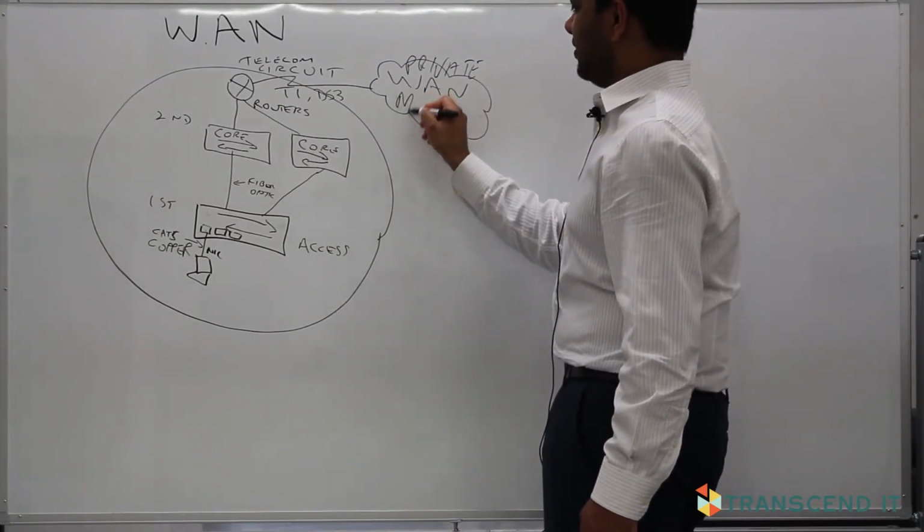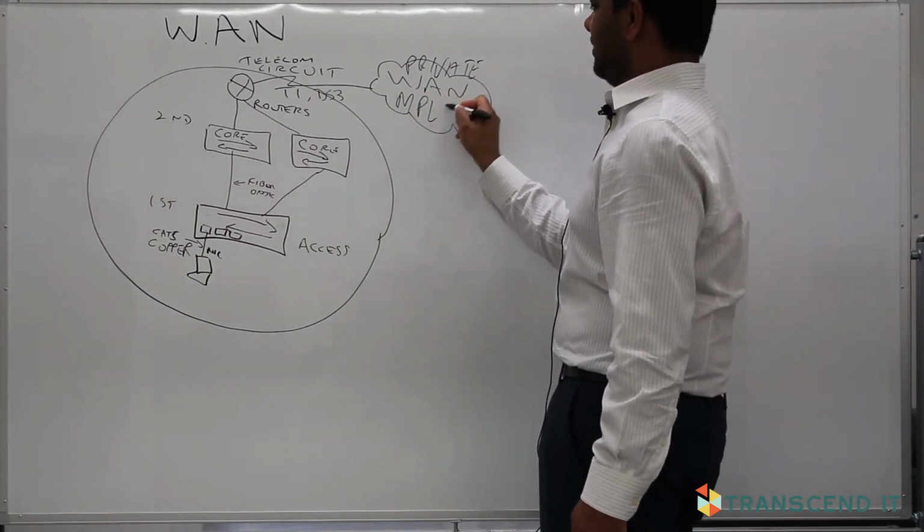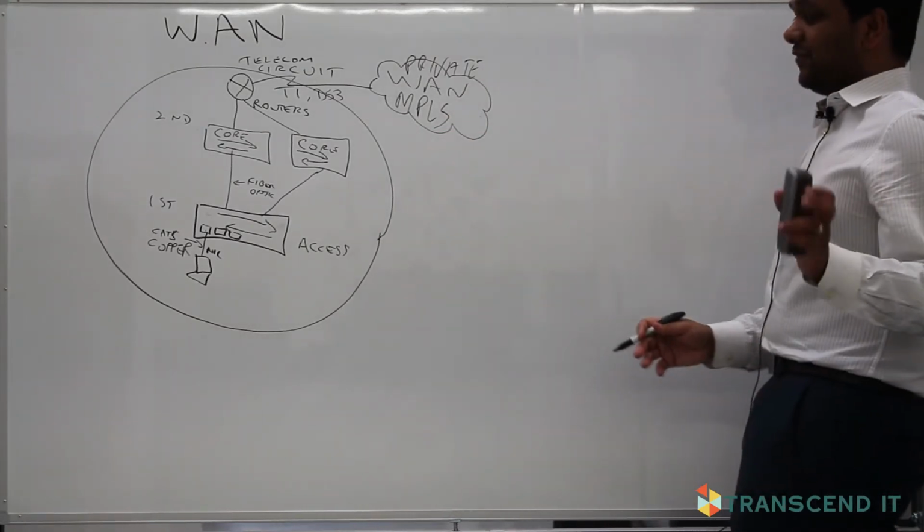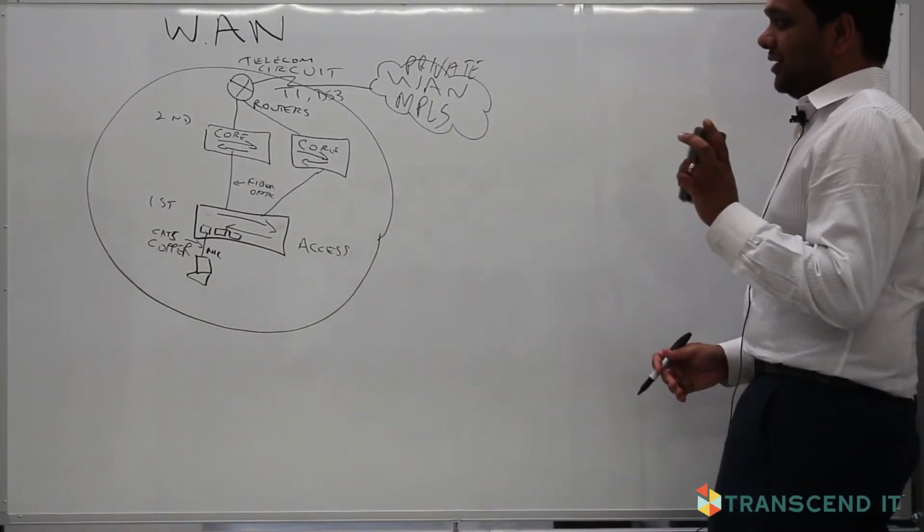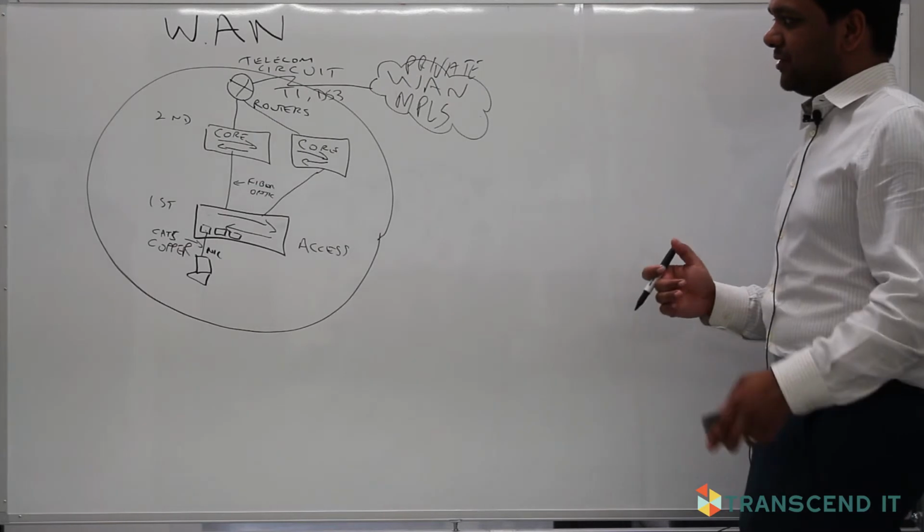And the most common private WAN is this thing called MPLS, which does not stand for Minneapolis. It stands for multi-protocol label switching.